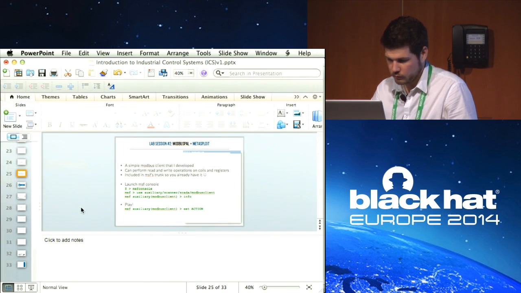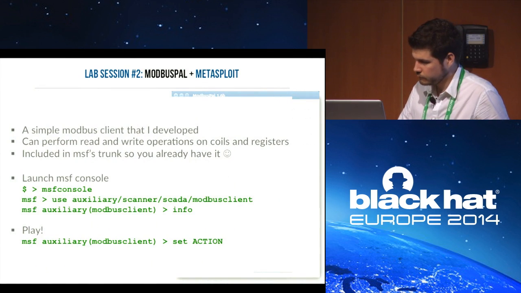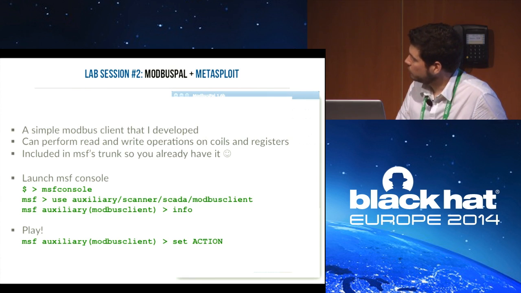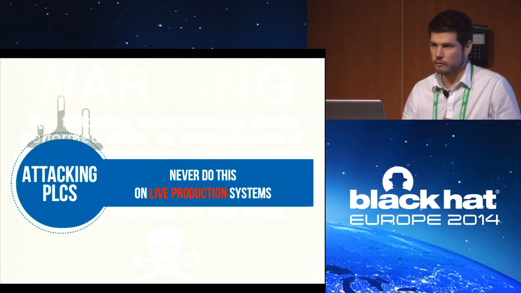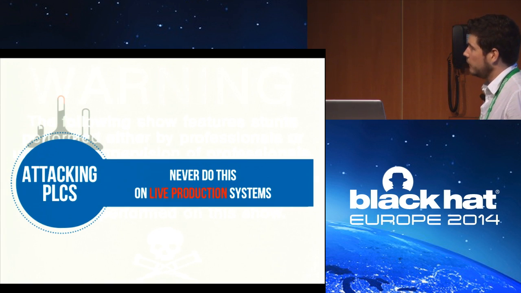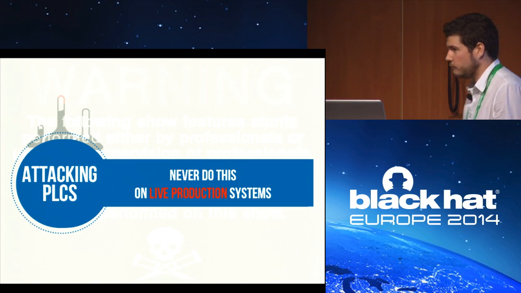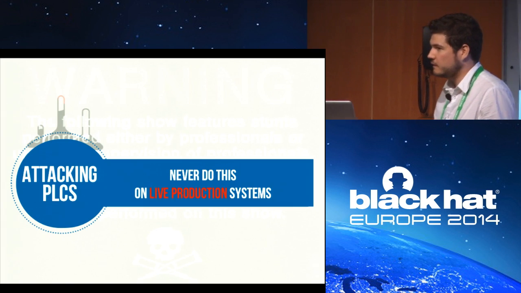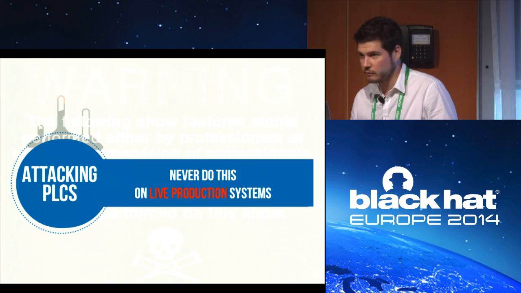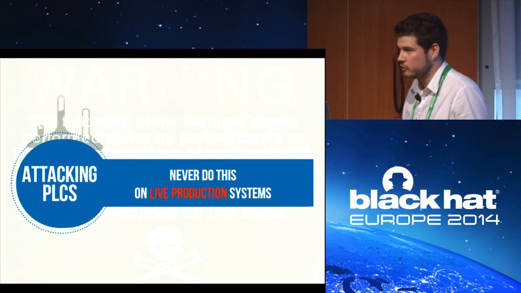So let me just go back to the slides. Yeah, so that was on the simulator. Now I think it's time to try to move on to the real PLCs. There's something very important to know. You should never perform any test on a live ICS system because there is so much at risk.